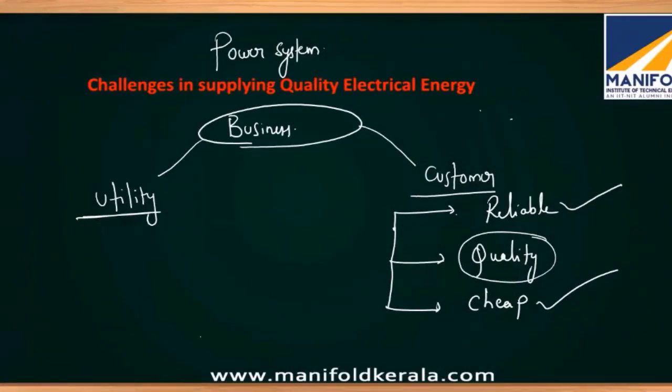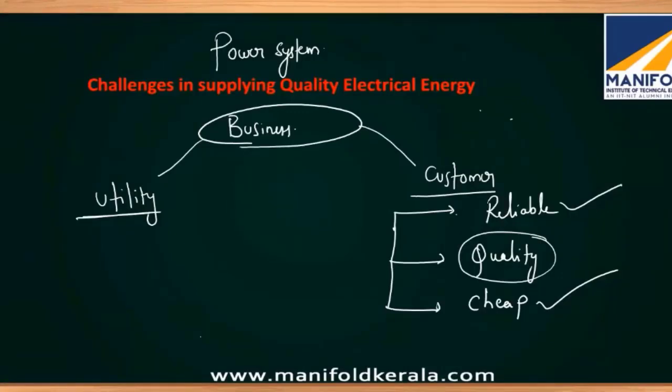So, there is no competition. Then, brand value doesn't matter. Whether you provide quality energy or not, the customers don't have a choice. They have only one supplier. So when there is a monopoly, then there will be some compromise in the quality. That's why always the competition brings the best to the customers.